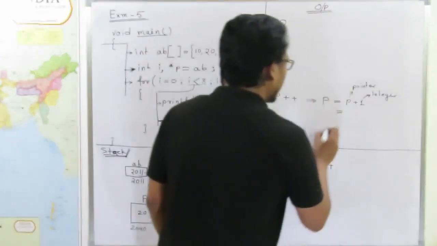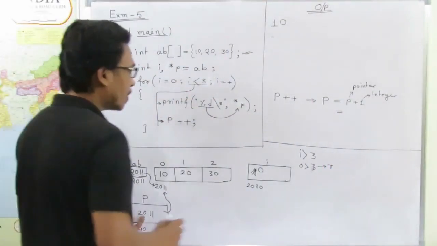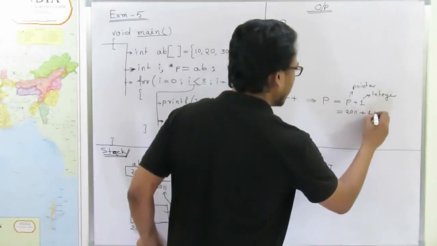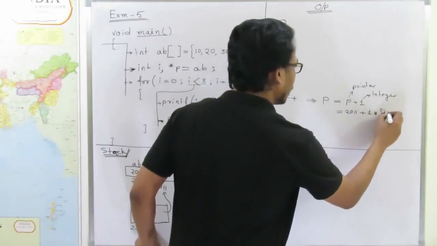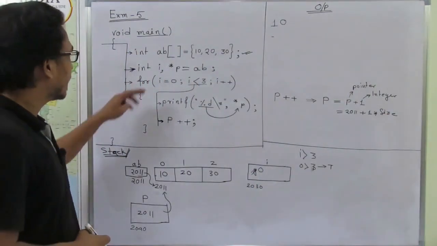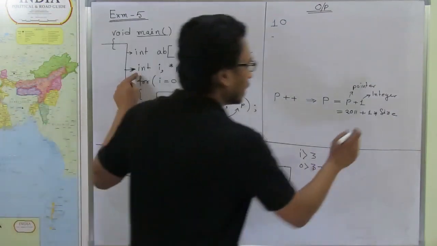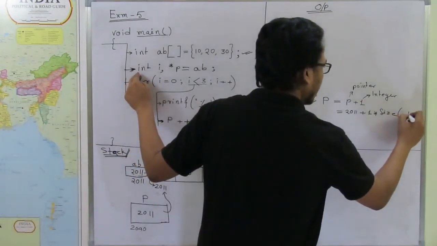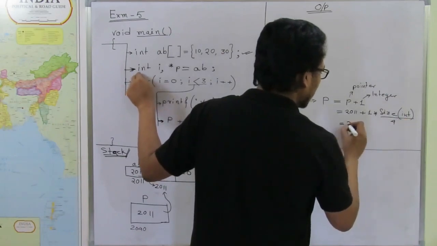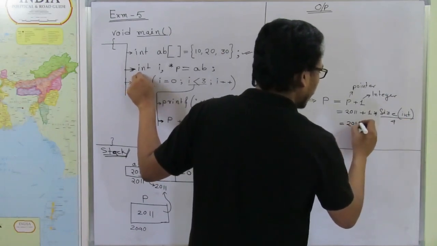So here the content of p is 2011. So the value of p will be 2011 plus 1 into the size of the data. What is the data type here? The data type here is int. So here the size of int will come. Now what is the size of int? That is 4. So here it will give us 2015.